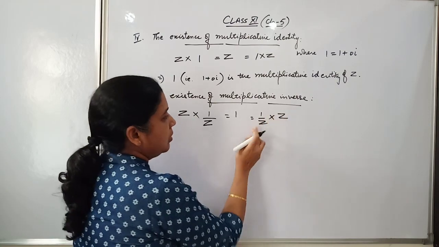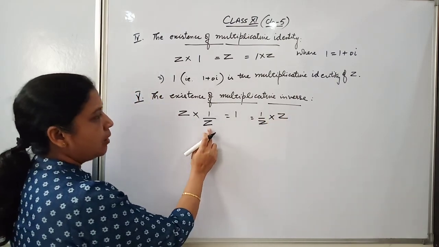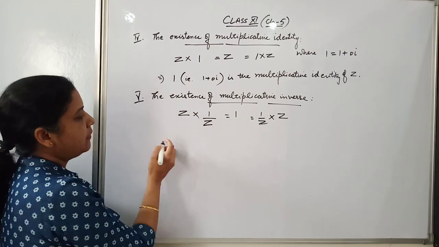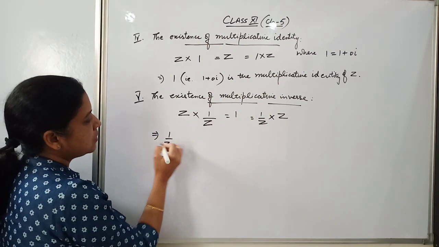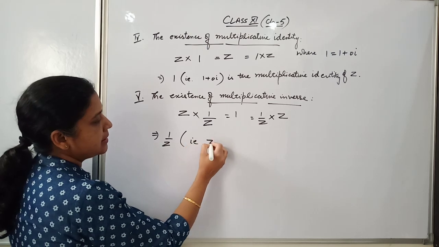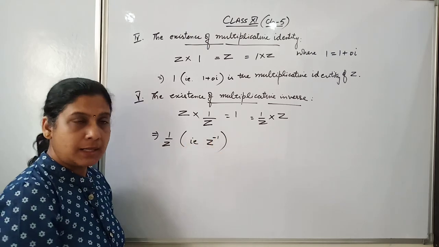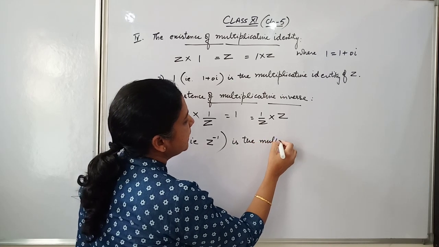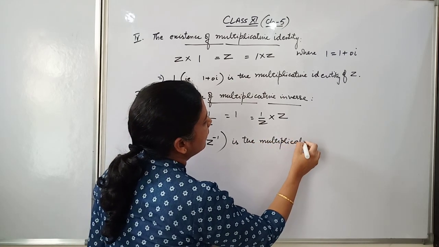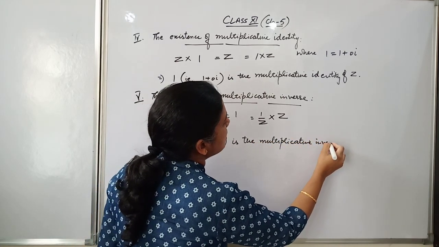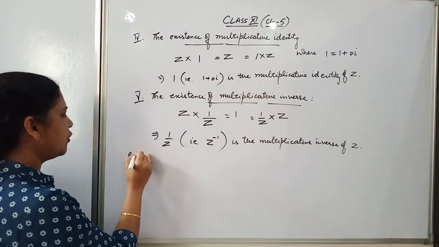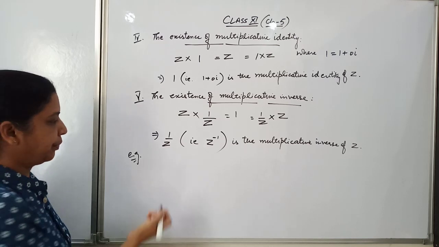So this 1 by Z, which made Z into identity, is the multiplicative inverse. This implies 1 by Z, that is Z raised to power minus 1, is the multiplicative inverse of Z.